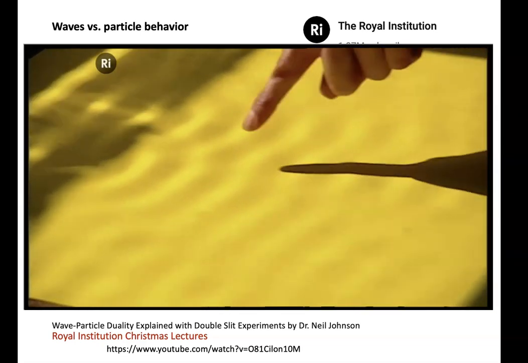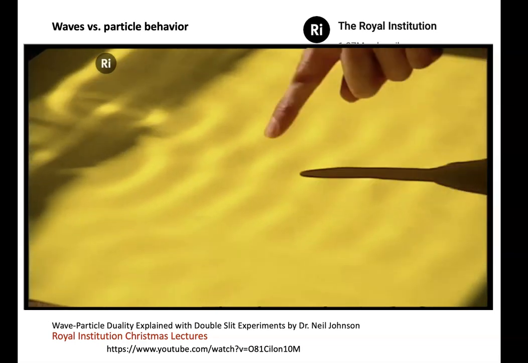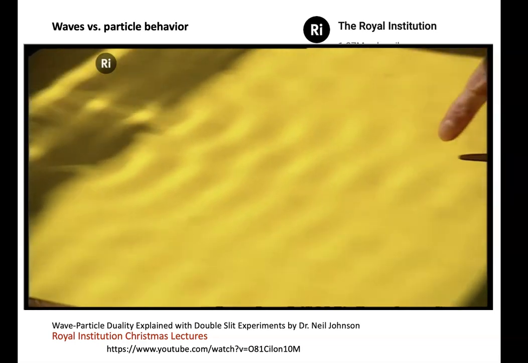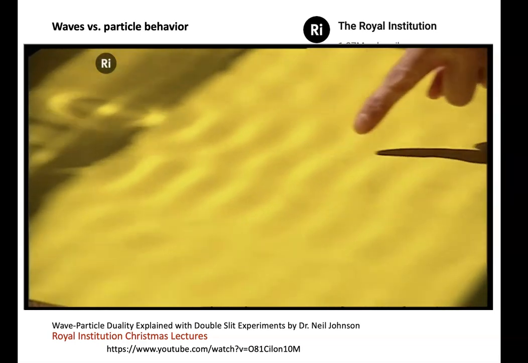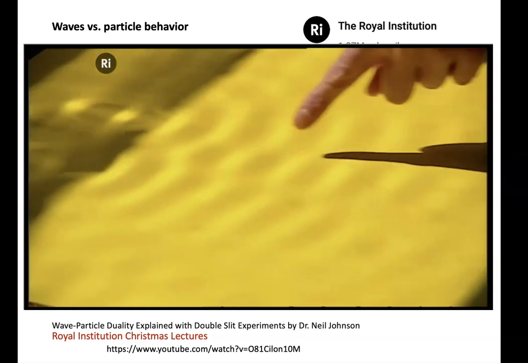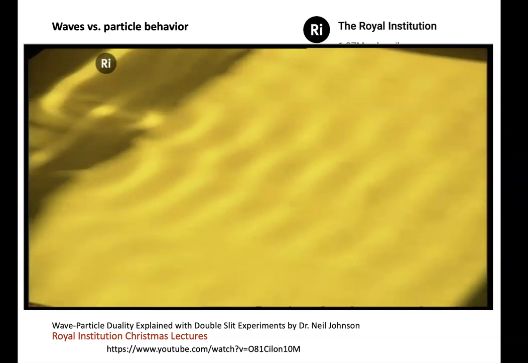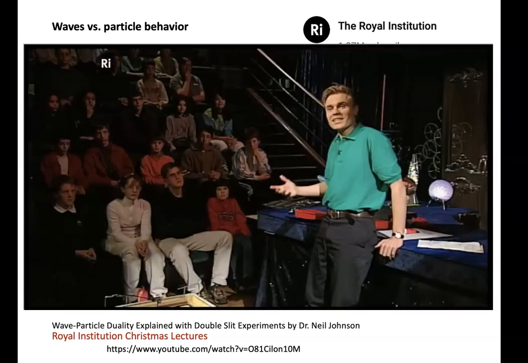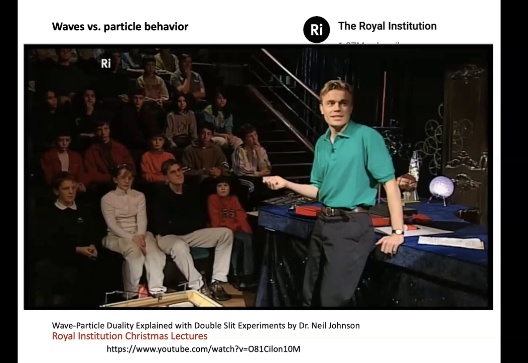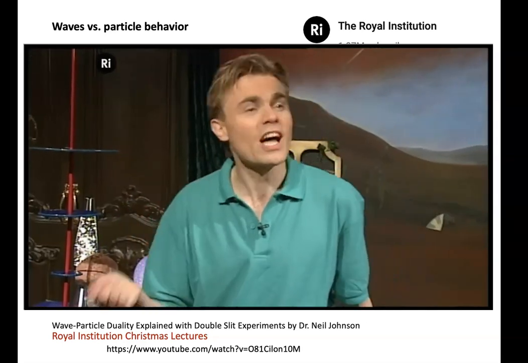So you're getting bright and dark lines. But here, it doesn't look like anything's happening. That's because the waves, the ripples, have actually cancelled each other out. Now, this made him pretty happy. First of all, because he liked ducks. But second of all, because it reminded him of an experiment he'd done a couple of years earlier with light.